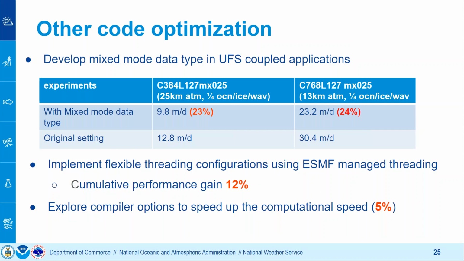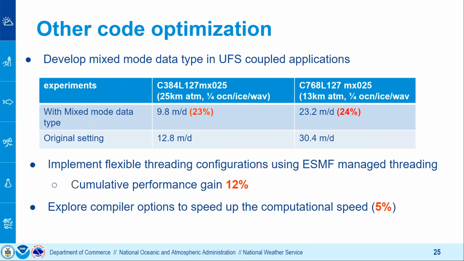Some other code optimization. We have developed this mixed mode data type in the UFS coupled application. For those people who may not know this, basically we run the dycore in 32-bit. It runs faster, and this capability is available when GFDL delivers the FV3 dycore. When we run that in the coupled mode, because FV3 and MOM6 share the same framework, FMS, that doesn't allow us to run one at 32.